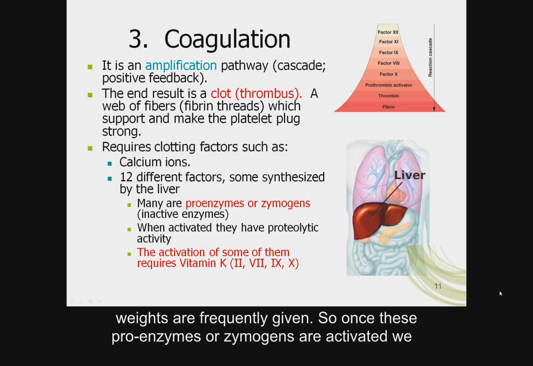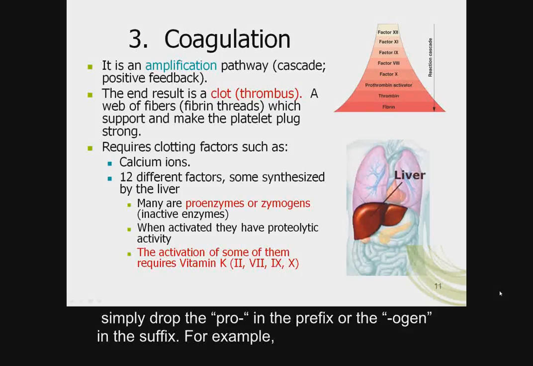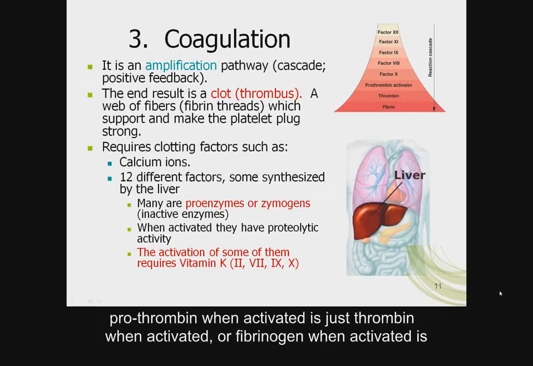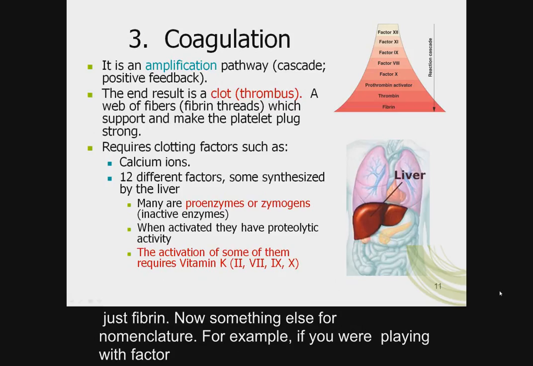Once these pro-enzymes or zymogens are activated, we simply drop the pro in the prefix or the ogen in the suffix. For example, prothrombin, when activated, is just thrombin, or fibrinogen, when activated, is just fibrin. Now, something else for nomenclature.